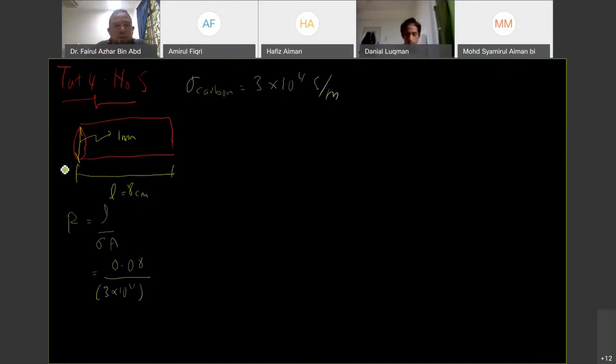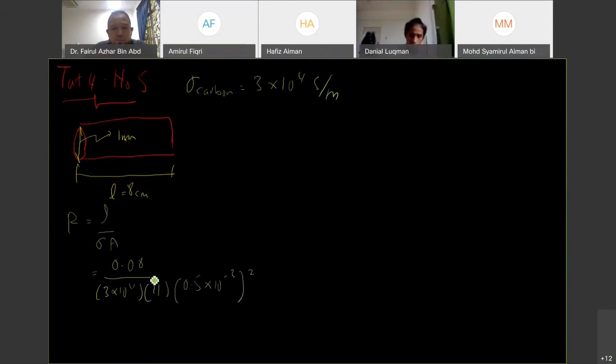And the cross-sectional area for this conductor is equal to pi multiplied by the radius to the power of 2. The diameter is equal to 1 mm, so the radius will become 0.5 times 10 power of minus 3.